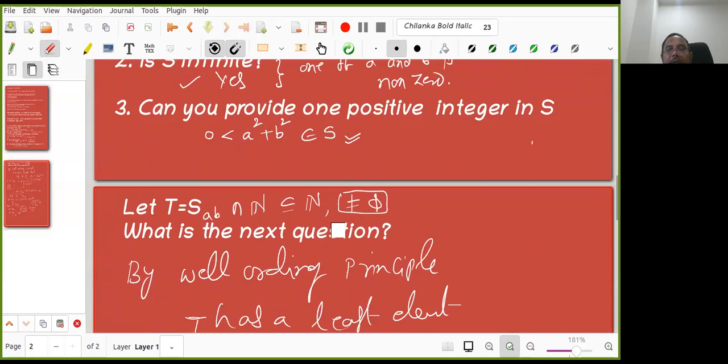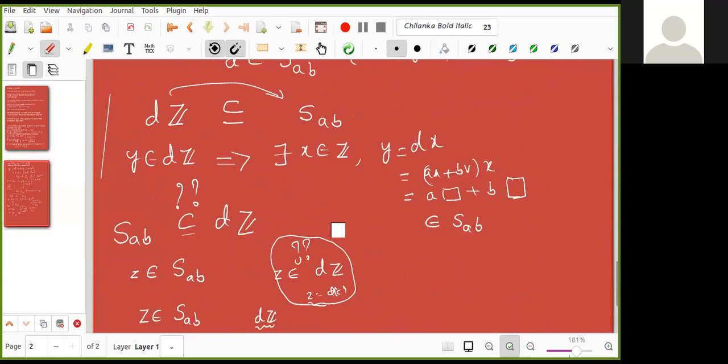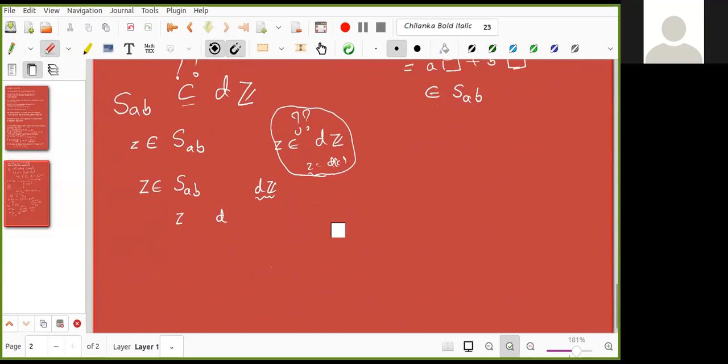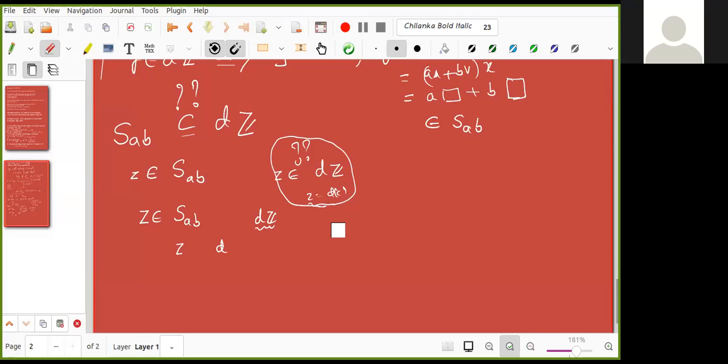So that is okay, Akshat, till now? Yes, sir. But I want to show that D divides every element in SAB, not only A and B. That is our goal. But you are claiming that D divides A. So how? In fact, I am proving any element I take, it divides. That is what I want to show.